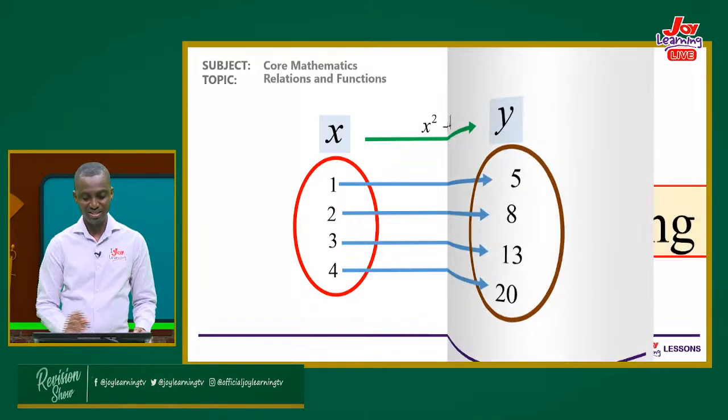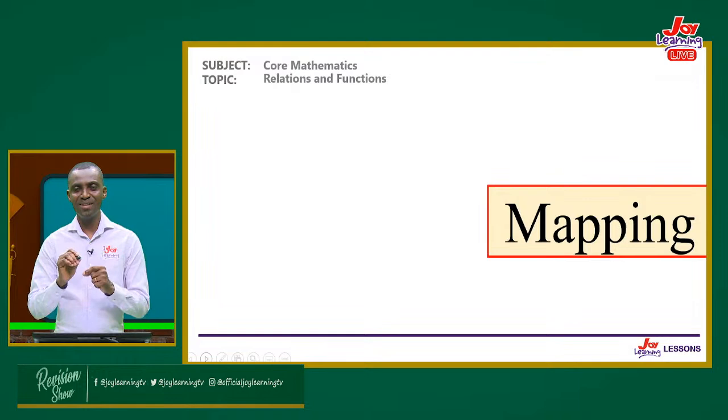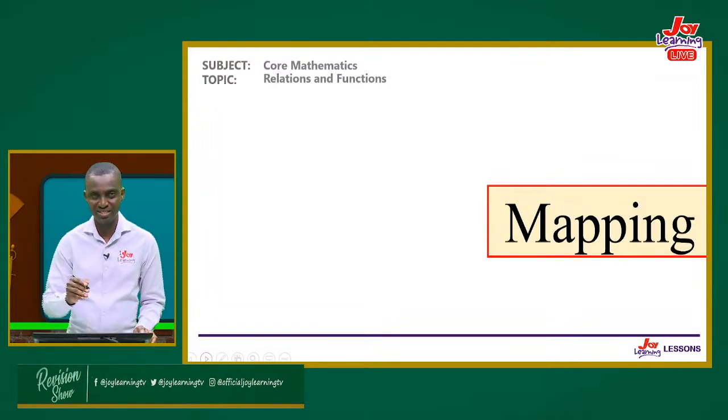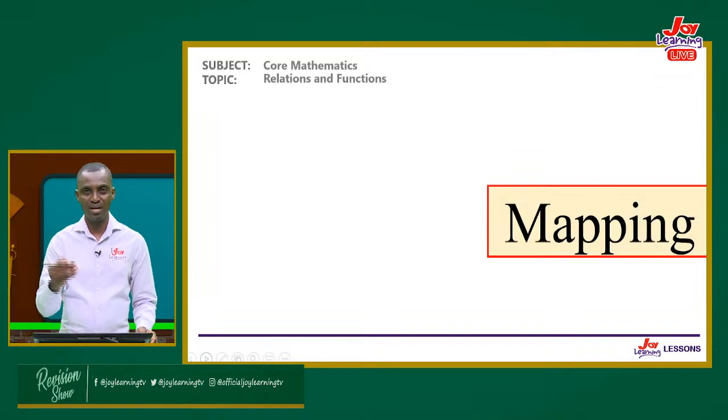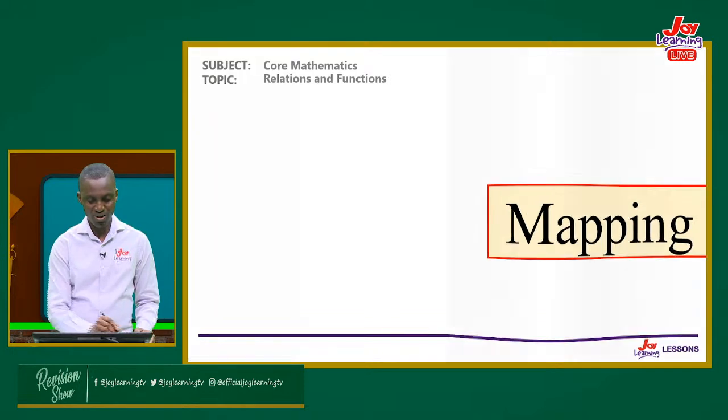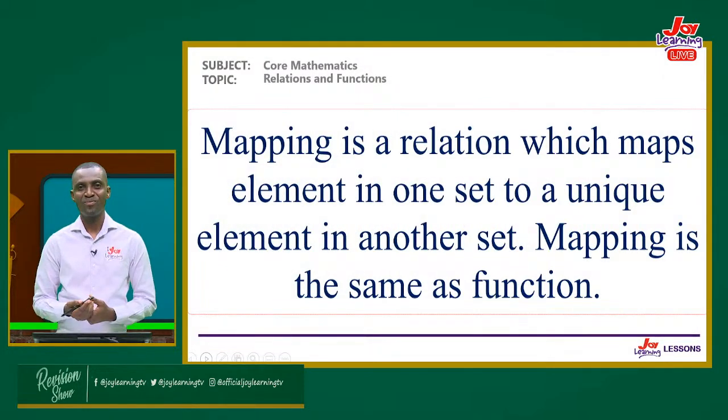Then let's mention mapping shortly. Then we go to functions, and then we take questions that are likely to come as far as WASSCE is concerned. So mapping, what is mapping?